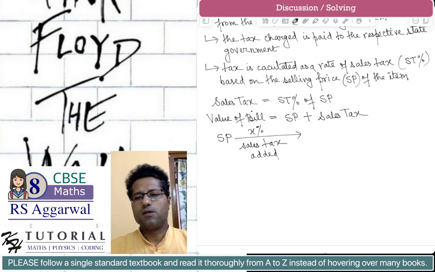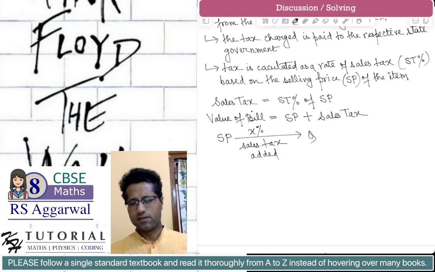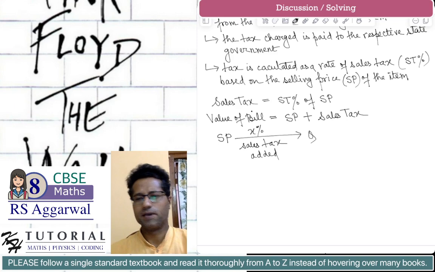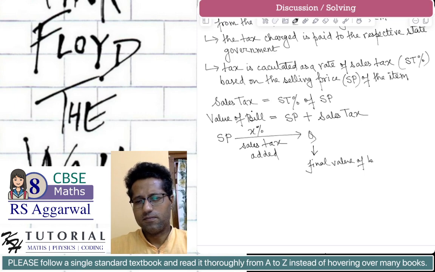Now the final amount, let's say the amount becomes Q, which is after paying the sales tax at the rate of X percent based on the selling price. So this is the final value of bill, that is the amount payable by the customer. The final amount payable by the customer, which is termed as the value of the bill.